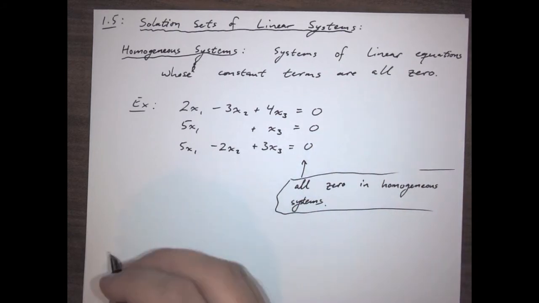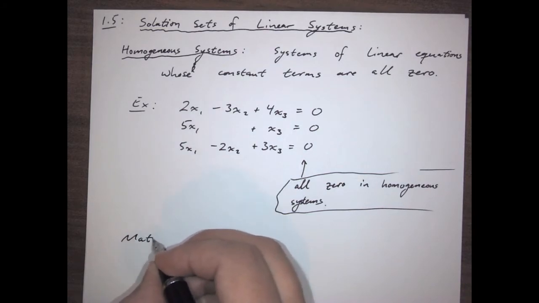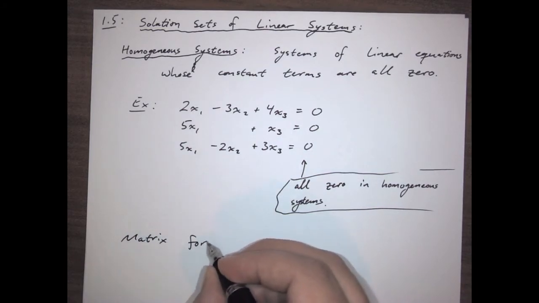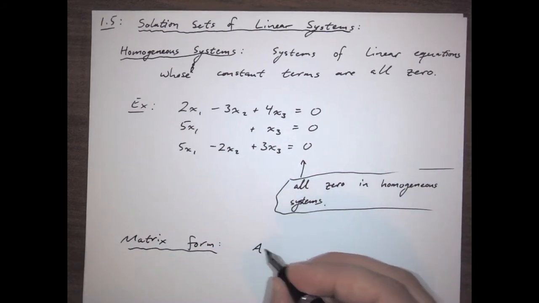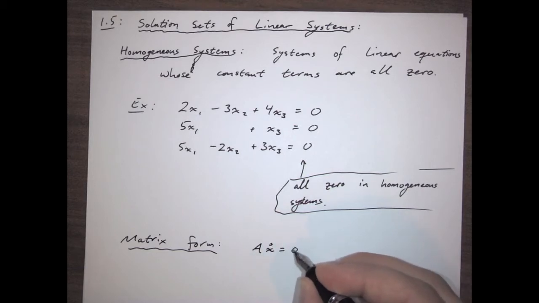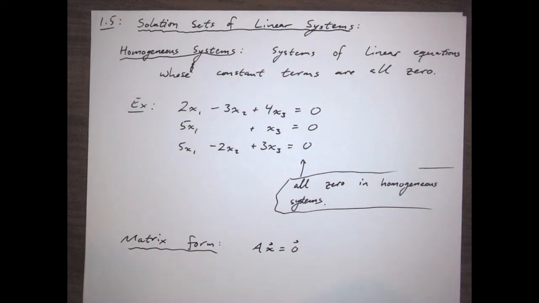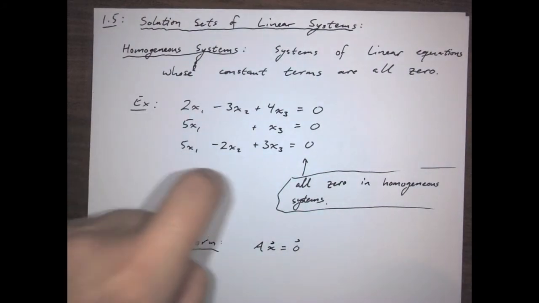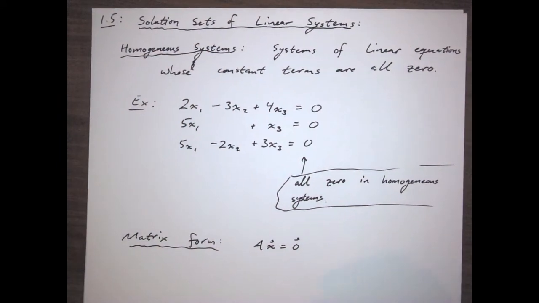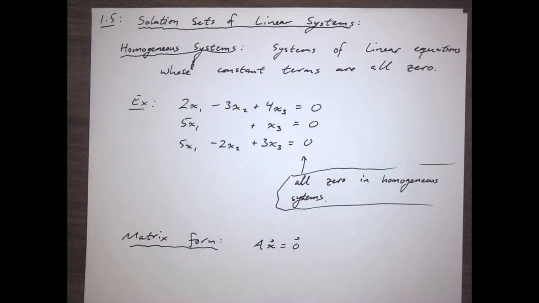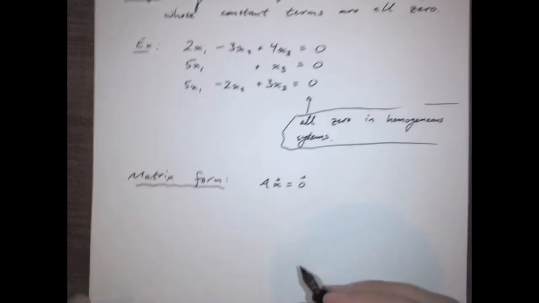All right, well then in matrix form, what that would look like is this: Ax equals the zero vector. So we would have some system of coefficients that would represent these numbers over here, all equaling just the zero vector. Now for any of these homogeneous systems, there is always one particular solution that is on offer, and that's what's called the trivial solution.